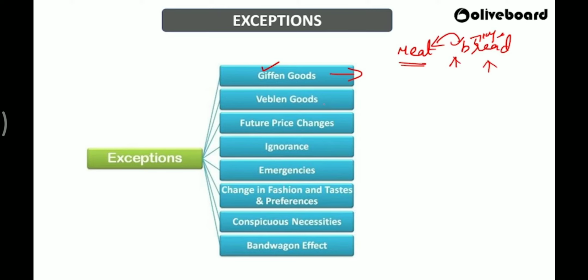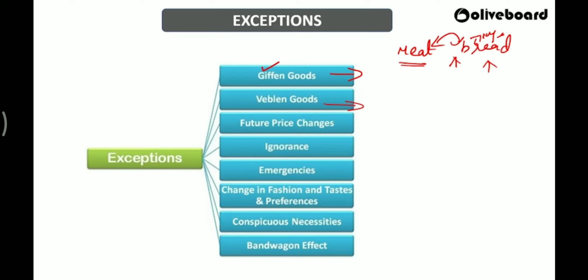Next one, Veblen goods. This one we have already studied. Veblen means for prestigious purpose. If I want to show off, whatever the price be, I will buy that, guys. Audi car, the prices are high, I will buy to show off my status. I will buy an Apple phone to show off my status. Even if the price rises, I will demand. Why? Because my status is important there. So there I will not see that if price decreases, I will buy.